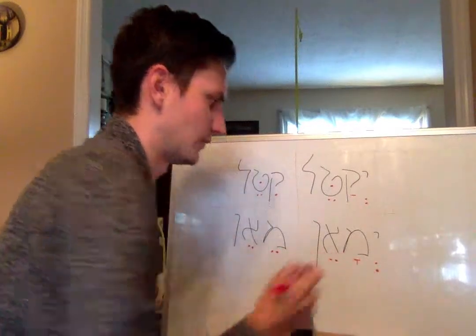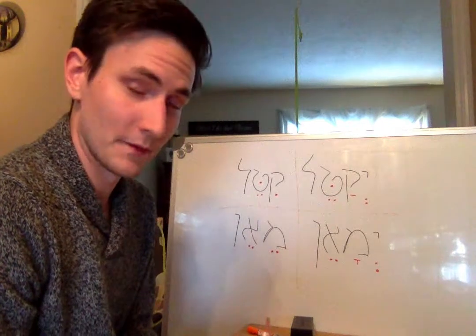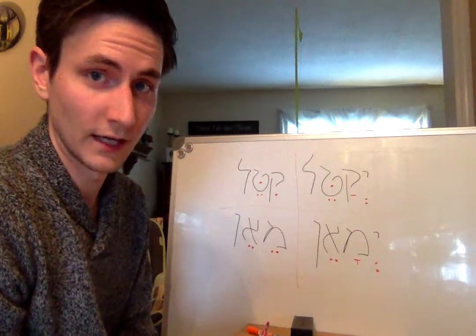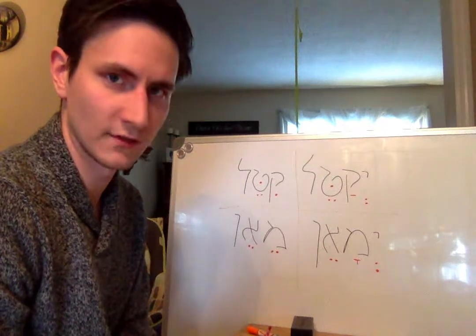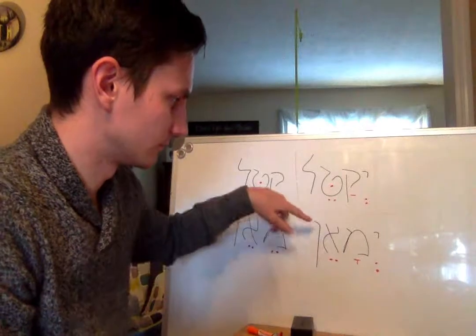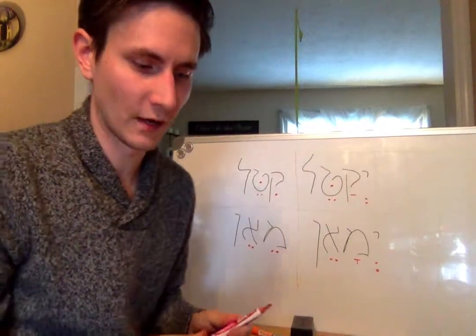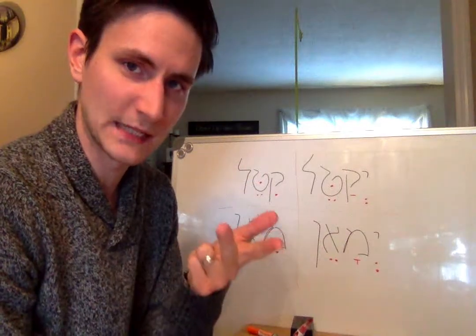So if you think, oh, this might be a Piel, but I'm not sure, look for a guttural. Usually just pay attention if there's a guttural at all, and often things will start falling into place.